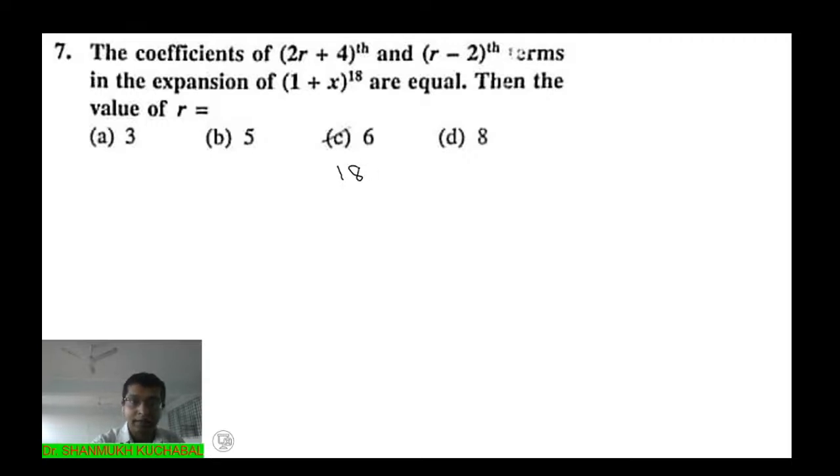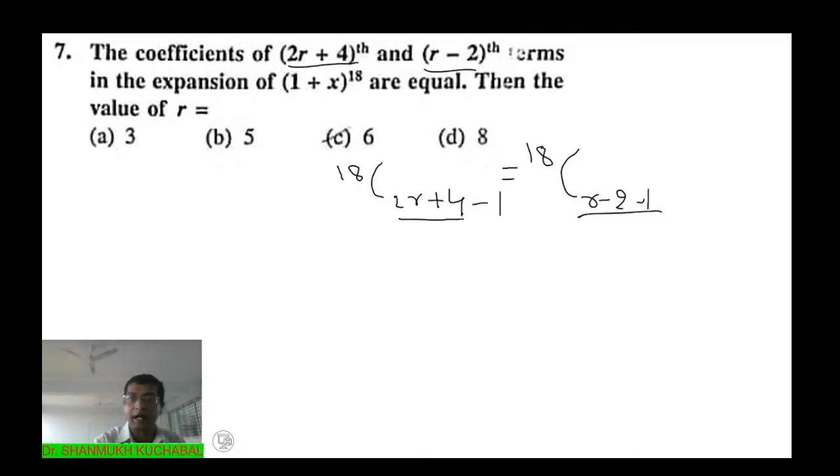So 18, it is 2r + 4 − 1. That is, I use nCr−1 equal to 18C(2r + 4 − 1), and 18C(r − 2 − 1), like this. So here I used r, and here I used r.